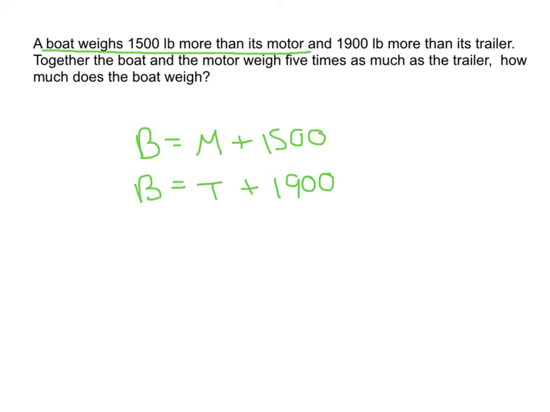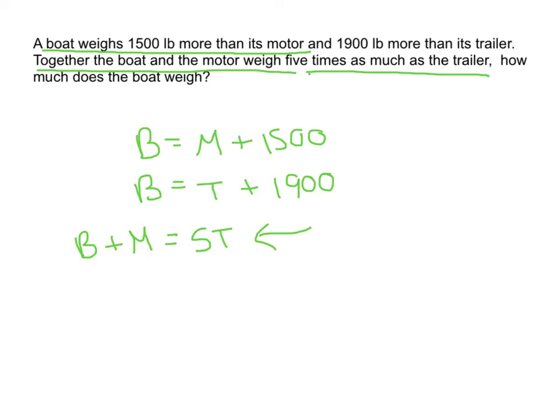Together, the boat and the motor weigh, so the boat plus the motor weigh 5 times as much as the trailer. How much does the boat weigh? So because, again, this equation involves all three variables, I can use that as my main equation and just substitute for the other two variables to keep one variable. So it's up to you to decide which variable you want to keep.